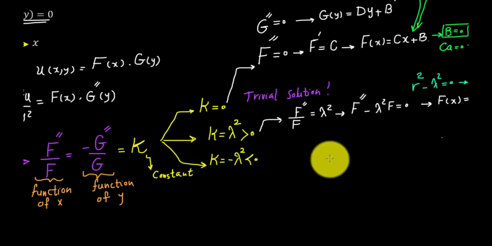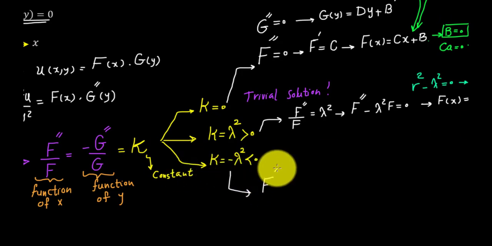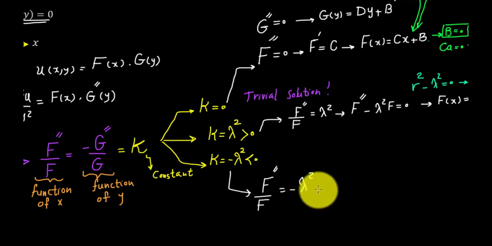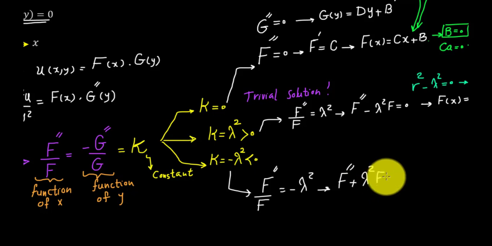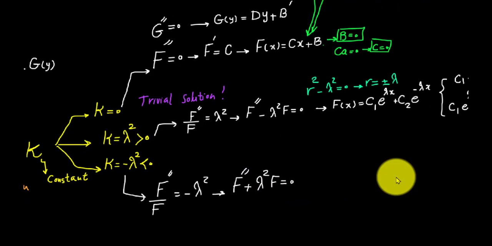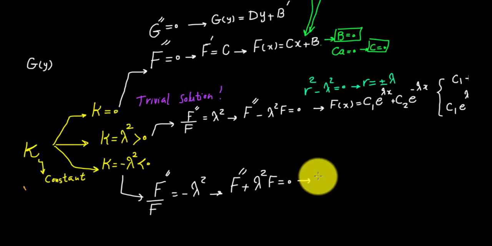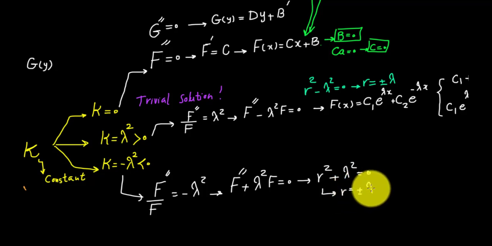In that case, we will have f double prime over f equals to negative lambda squared, and if we cross multiply, this gives f double prime plus lambda squared times f equal to 0. So the characteristic equation becomes, well, this is the second derivative. It becomes r squared plus lambda squared, there is no derivative here, equal to 0. So r is equal to plus or minus lambda times imaginary number i.